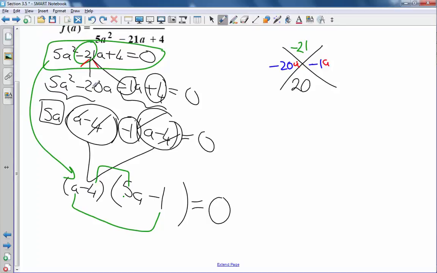There are many options. You can do minus 2, positive 2, positive 2, minus 4, minus 1, positive 4, positive 1. But the only one that makes minus 21 when you add these, this is minus 20a, this is minus 1a, is this pair. AC method or trial and error, get this. Okay?